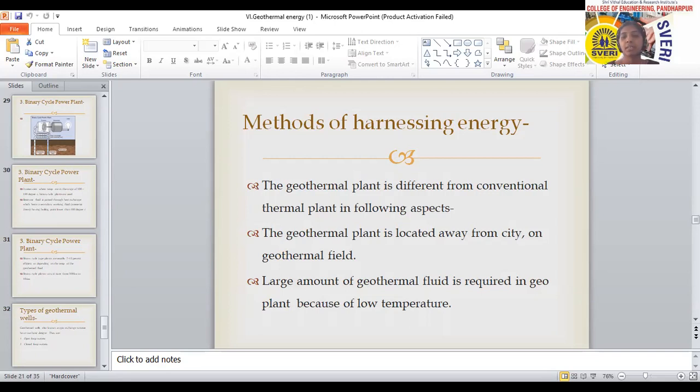We saw yesterday what a dry steam plant is. So the first classification is the dry steam plant, then the flash steam plant, and the last one is the binary cycle plant. We are going to see these three types of power plants one by one.